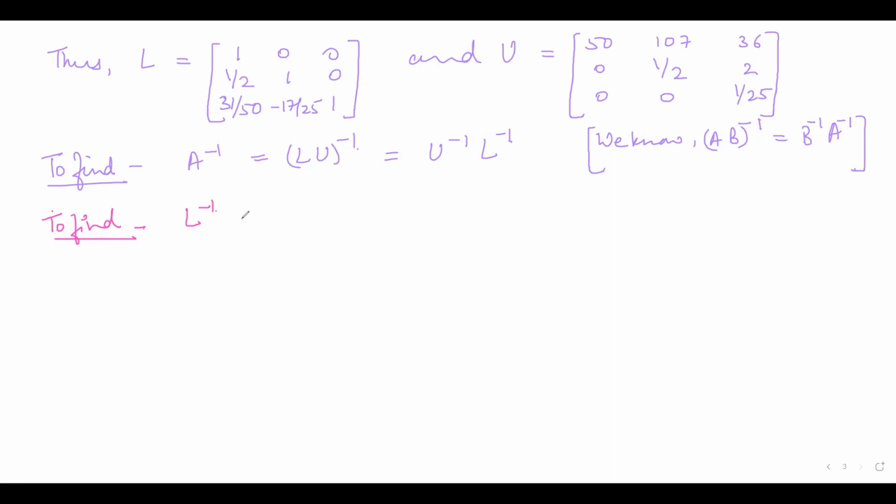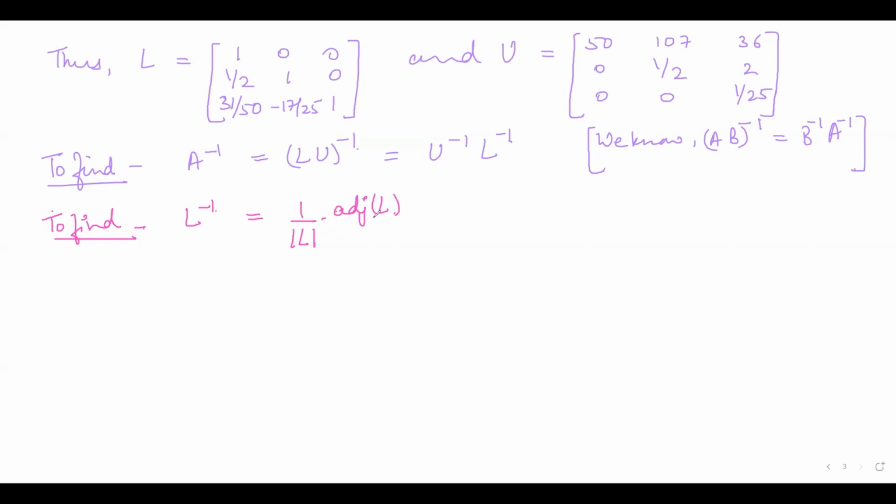So there are two ways of finding the L inverse. You could use the normal method that we know, 1 upon L determinant into adjoint of L. Either we could use this method, and there is another method as well through which we can find out the value of the L inverse.